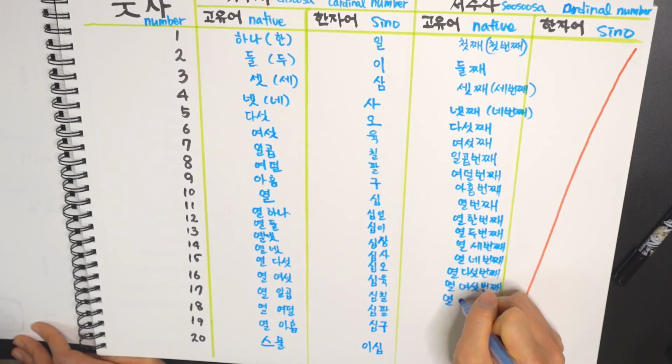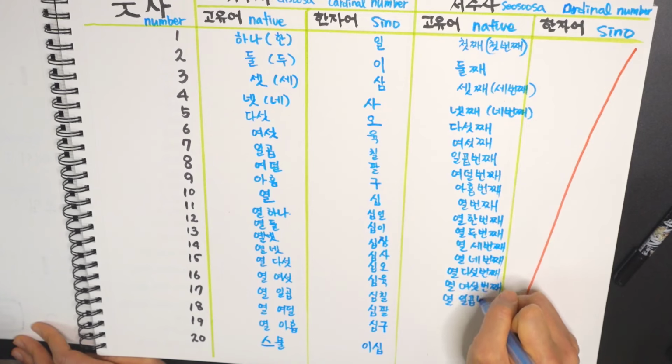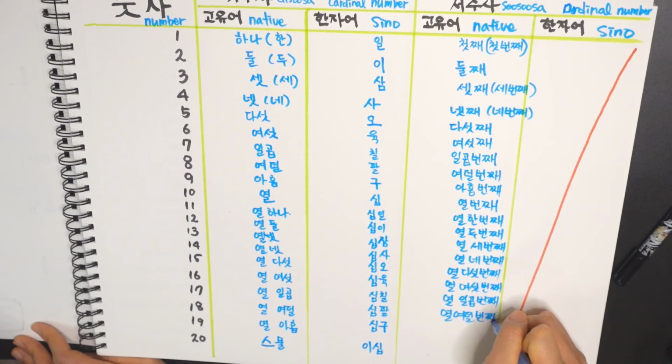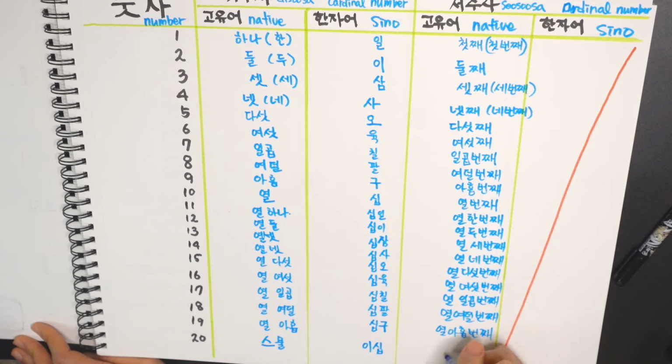And 열 일곱 번째. And 열 여덟 번째. And 열 아홉 번째. And we have 스무 번째. So over here, like that. So 스무 번째.